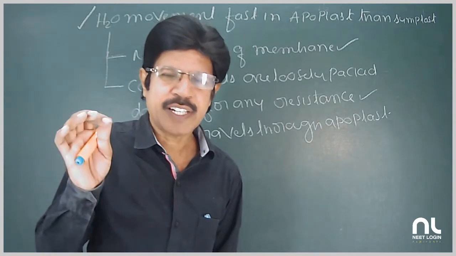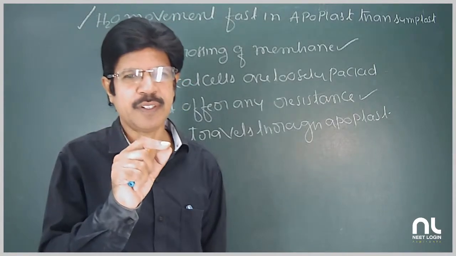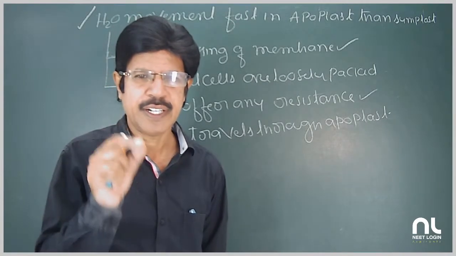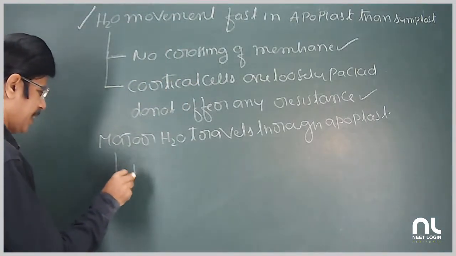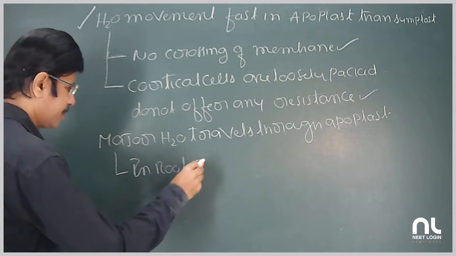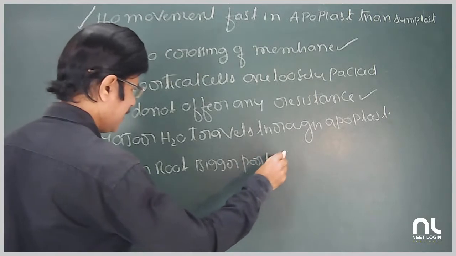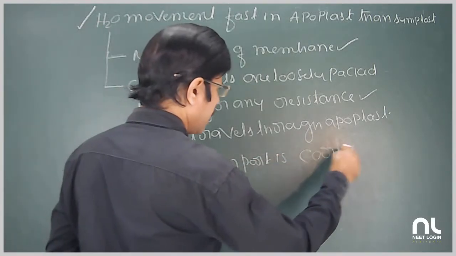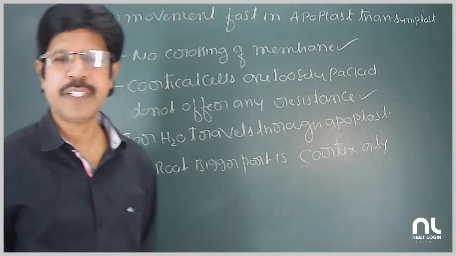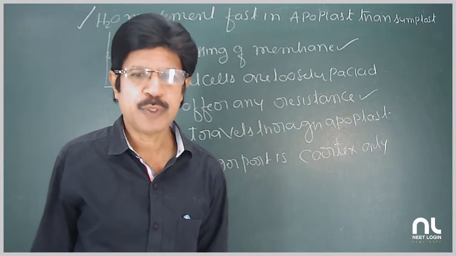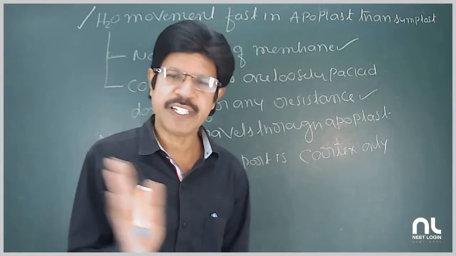Water travels by apoplast as well as symplast, but major water, a large amount of water, travels through apoplast. Why? In root, the bigger part is cortex only. As it is loosely packed, it does not offer any resistance to the travel of water. It is very fast.